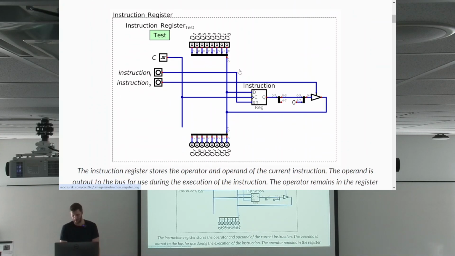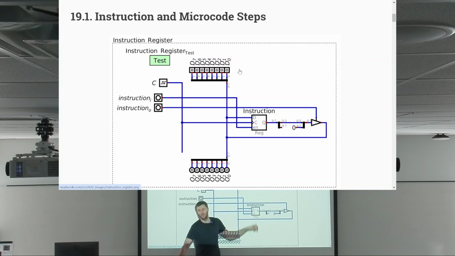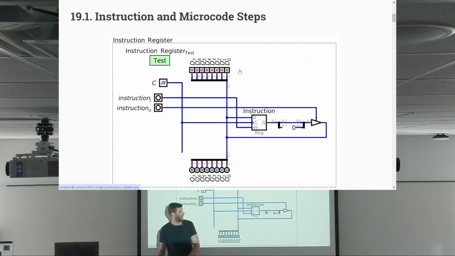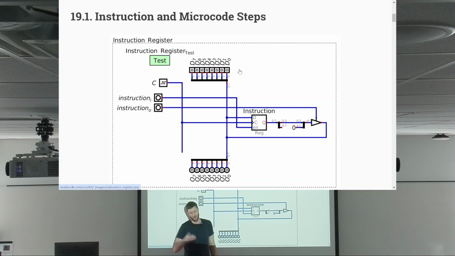in the simulator. So we talked about the instruction register. And like we talked right here, this will store the instruction, but the instruction is made up of the operator and operand. The operand, the least significant 4 bits, is what can go back out to the bus. It gets padded with zeros. So we get 0, 0, 0, 0, whatever, whatever, whatever, whatever, goes back on the bus, where the whatevers are the operand. The operator, though, these 4 bits are hanging out right here, and they need to be processed in some way.